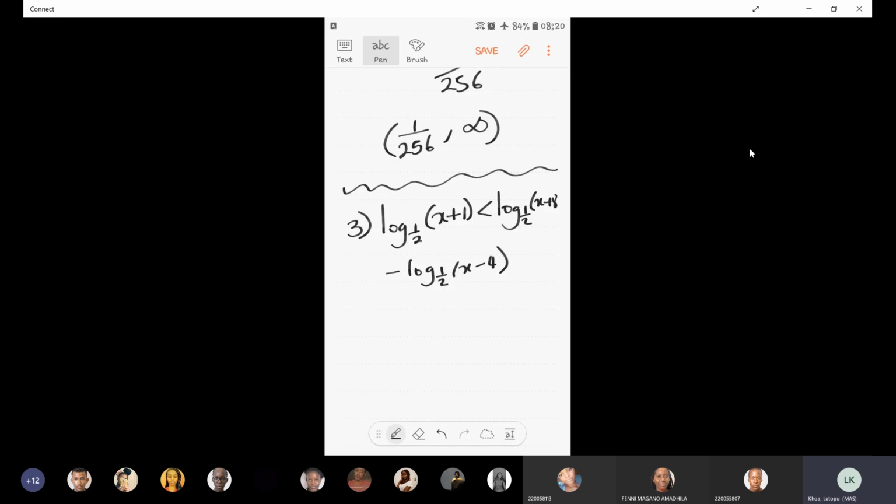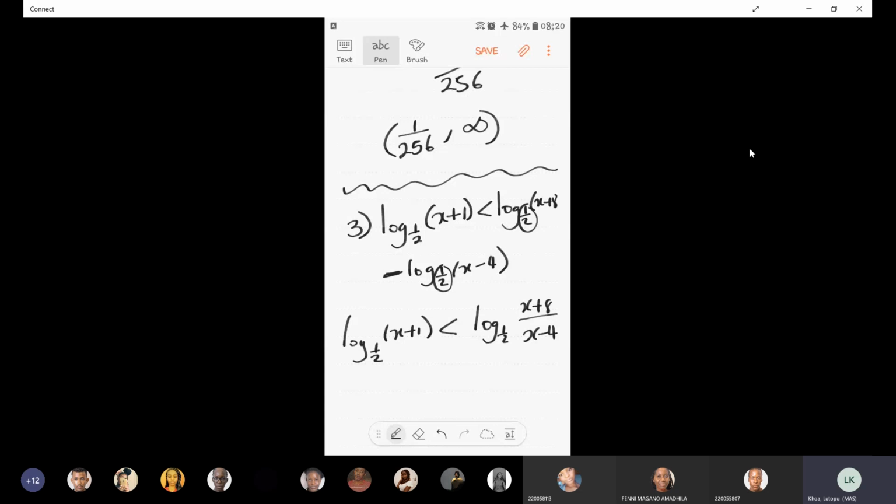So the left hand side will remain as it is, so this is log base half of x plus 1, and then on the right hand side, because I'm subtracting and the bases are the same, that means I will divide the arguments. So this is less than log base half, this is x plus 8 over x minus 4.